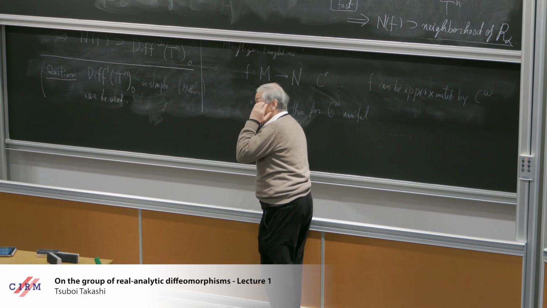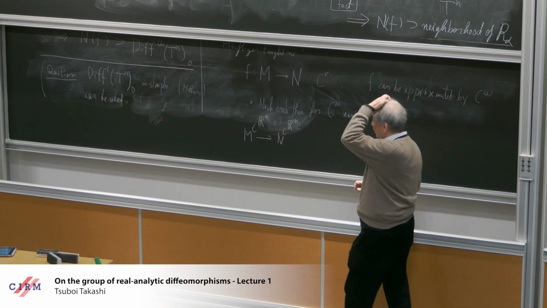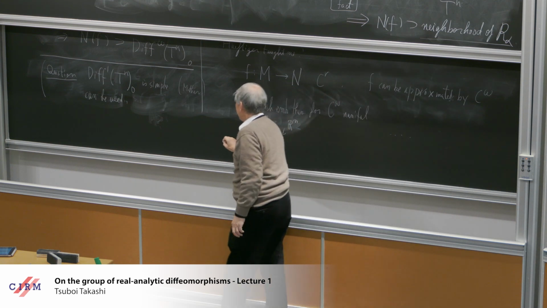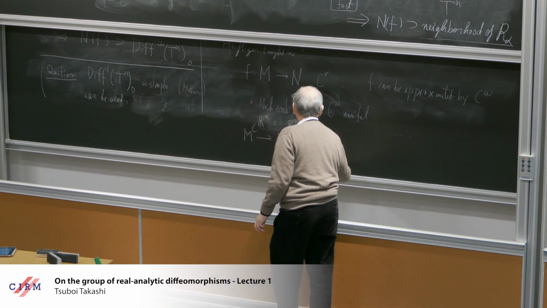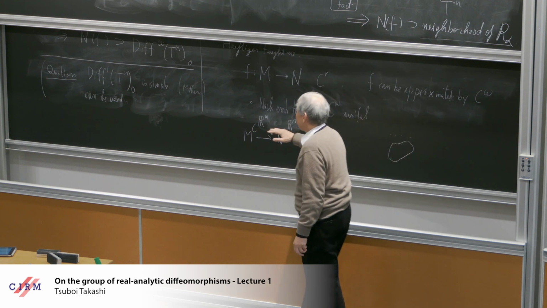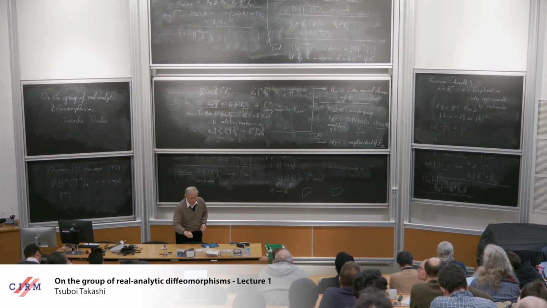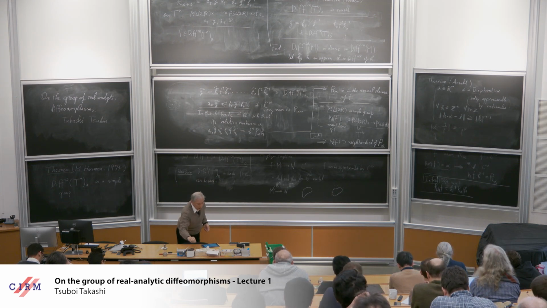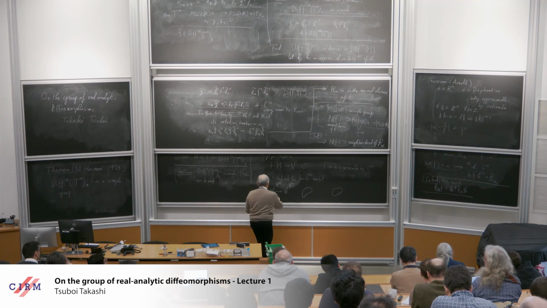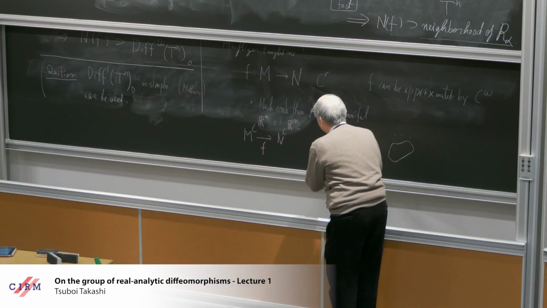And I have some map. Then M is somewhere there, N is somewhere there. We have this Euclidean space, and we can extend this map F in a neighborhood.